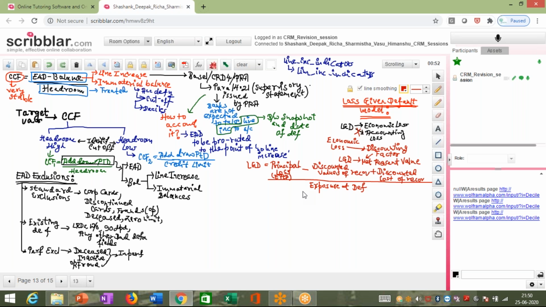Now the next two things are to assess the cost of the recoveries and to assess the discounted values of the recoveries, and the channels through which the recovery is done. How the recovery is done becomes a very important factor.